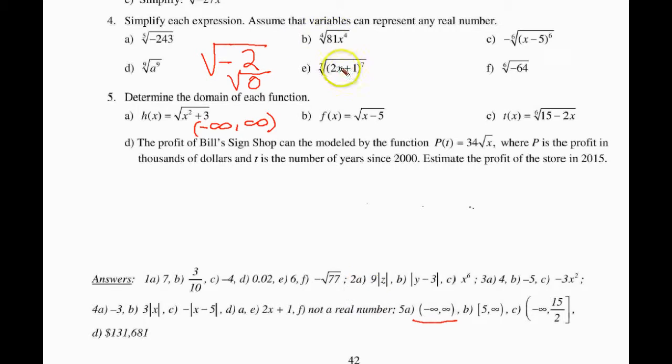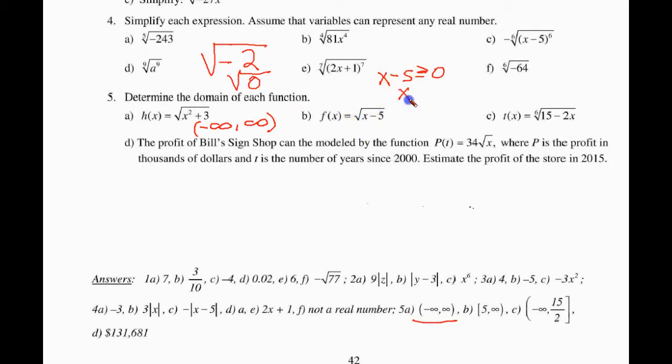Now, how about letter B? Letter B has an index number of 2. So, again, you can't have a negative number. So for those, we just go x minus 5 has to be greater than or equal to 0, because if it's less than 0, it becomes negative.